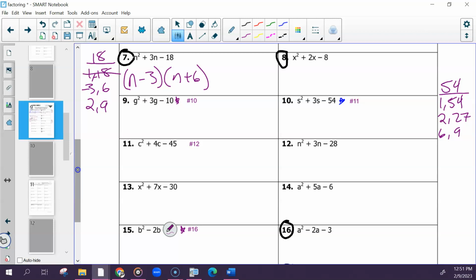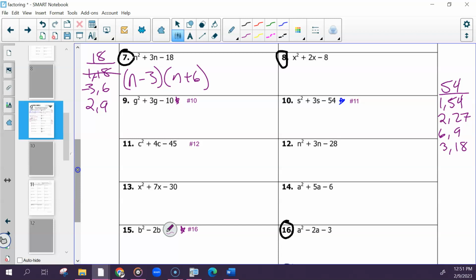I think there's 1 or 2 more. 3 and 18. Okay. Does 4 work? Okay. 5 wouldn't work. Do we have 6, 7, or 8? Okay. So then that's all of them.